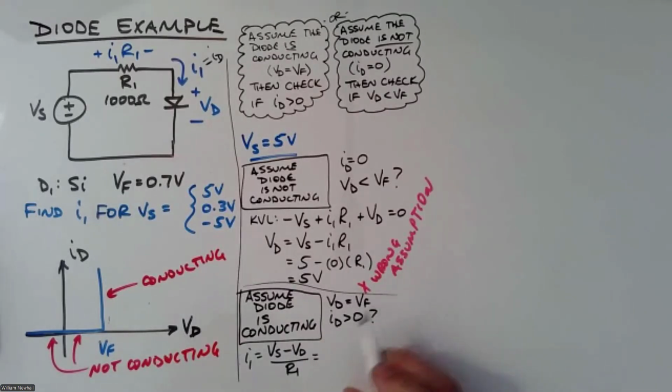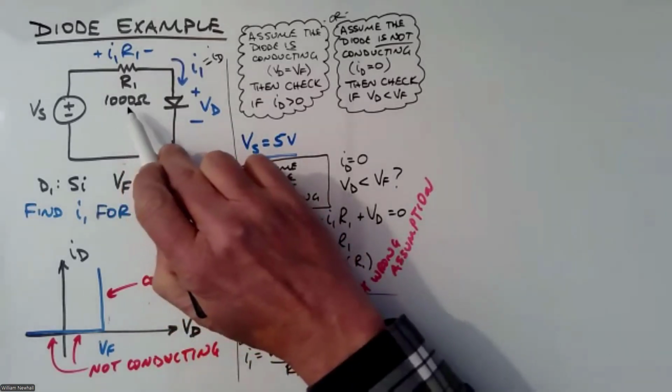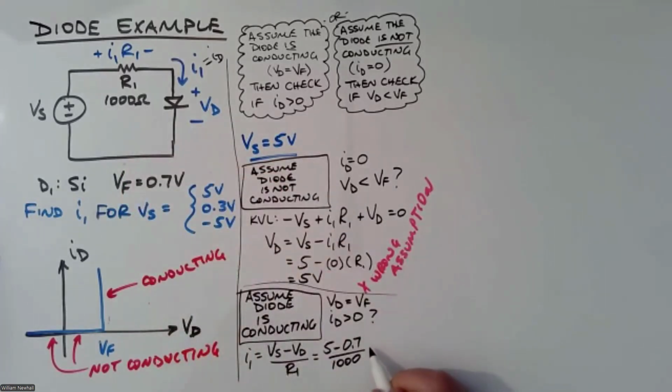So this would equal 5 minus, now when you have current flowing through a diode, VD is equal to VF using this assumption, right? If I have current flowing through the diode, VD equals VF. So this would be 5 minus 0.7 over 1,000. R is 1,000. And so that would equal 4.3 milliamps.